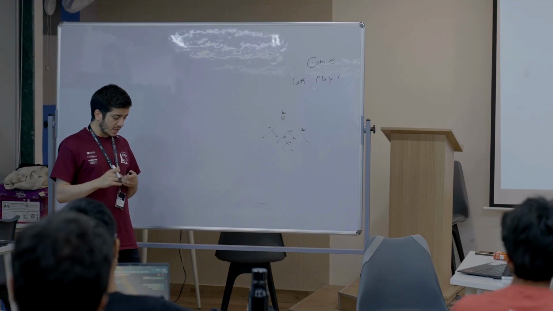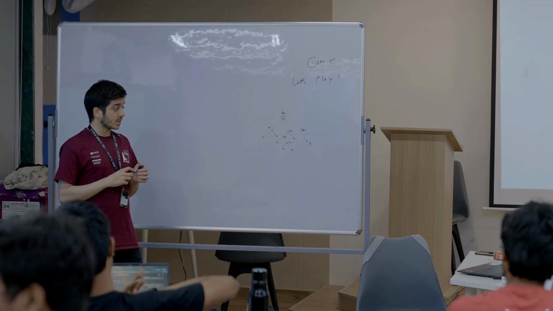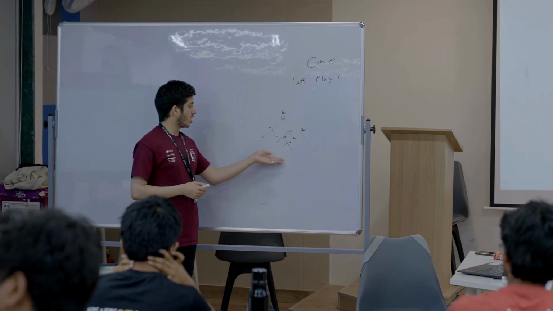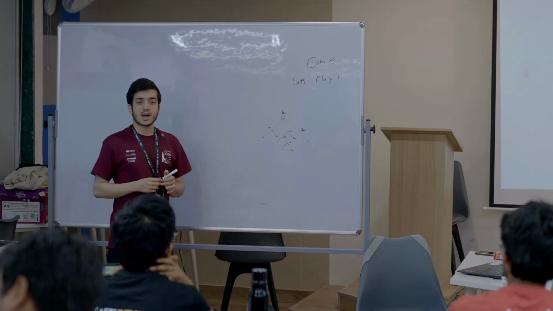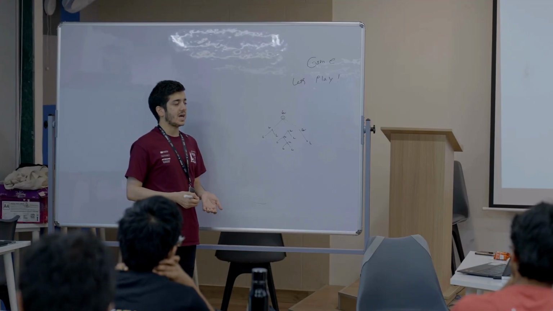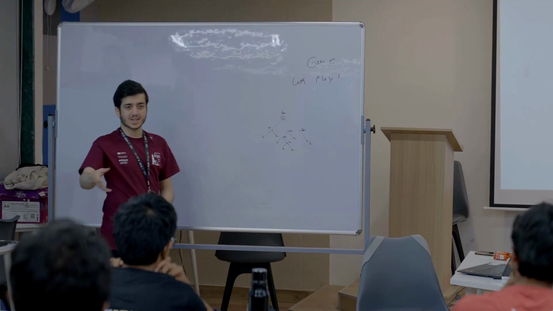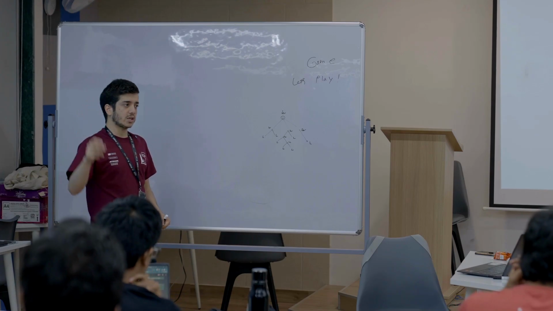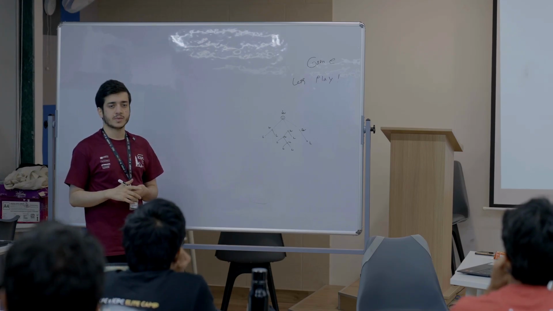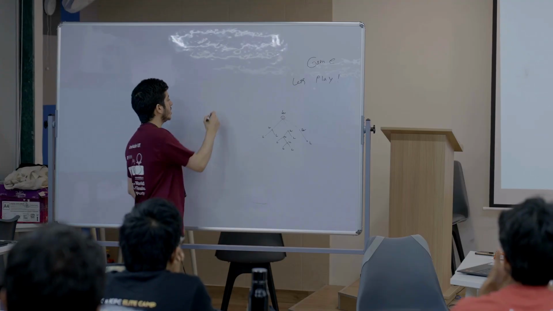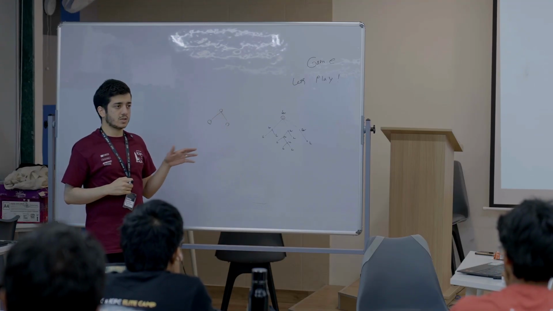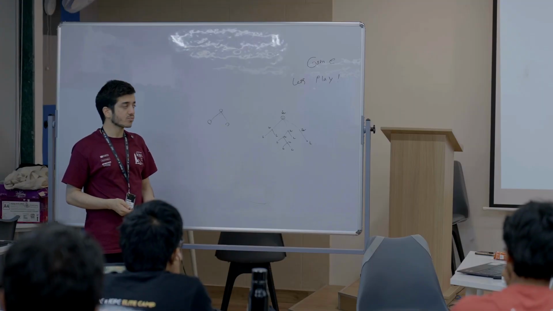Okay, this is easy. But what happens if there are several trees and we are playing on all of them, and in each turn we can choose a tree and move the token to some child? Let's say we have this tree and also this tree. Now who wins? So we have several trees.